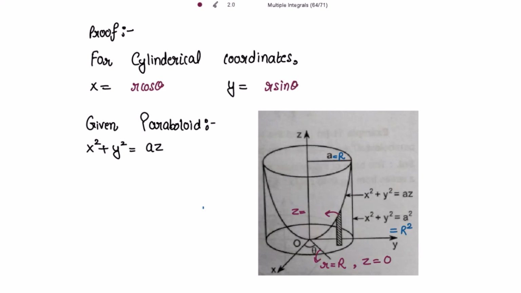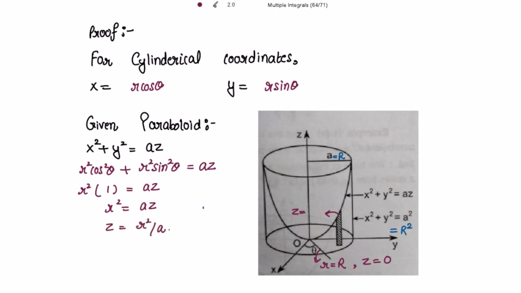And the given paraboloid is x² + y² = az. Let's put the values of x and y over here, taking r² common. So this is r² = az. So from here I can get z as r² over a.